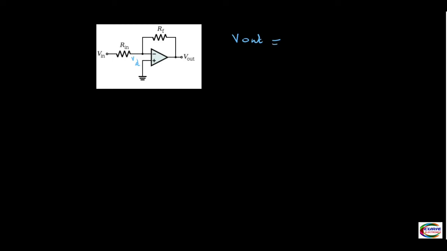V out equals gain times V in. What is V in? That is the differential voltage Vd. So V out equals A times Vd. We know what is Vd.